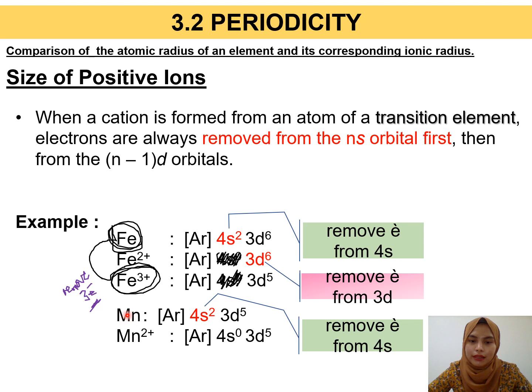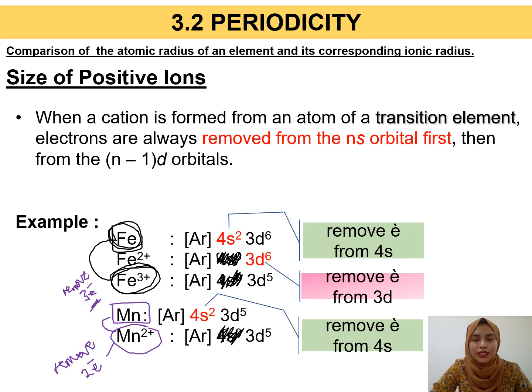If it's a transition metal, it must have 4s and 3d valence electrons. If manganese becomes Mn2+, it has removed 2 electrons, so you refer to its neutral atom first. The neutral atom has 4s2 3d5, so when you remove 2 electrons from Mn to form Mn2+, you will have 4s0 3d5, but since it's 0, there's no need to write it. So that's how you form positive ions in transition metals. Remove from 4s first, and only if that's not enough take from 3d.